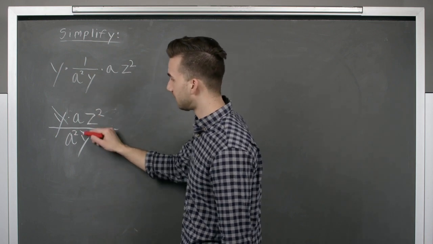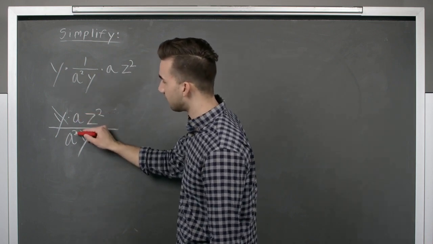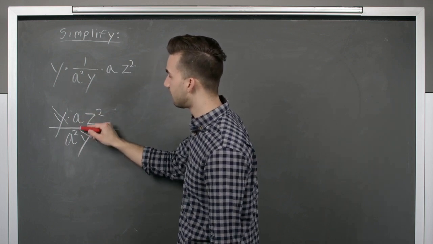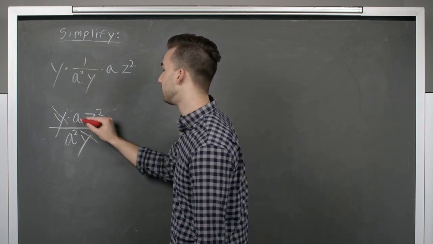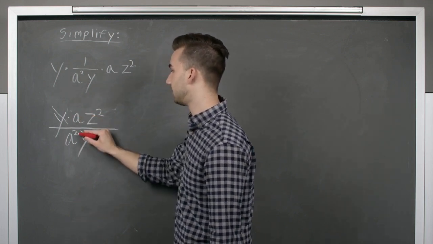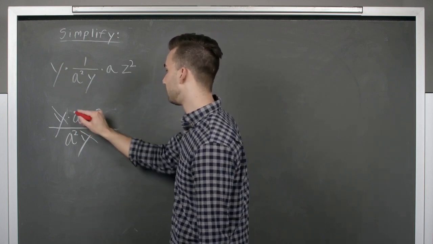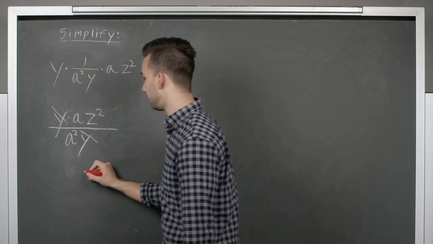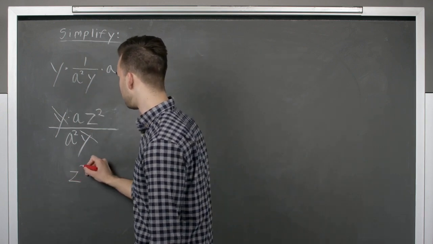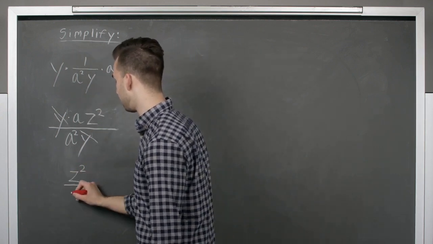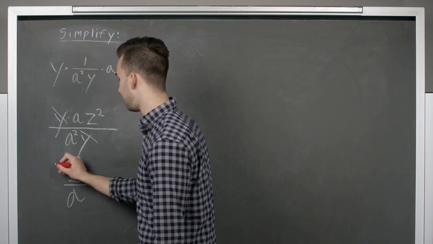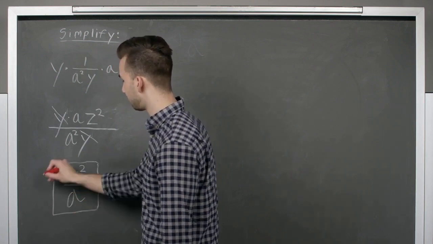So let's just subtract this a from this a for the variables. So that would give us a2 minus a1. It'd just give us a. So we can write this all as z squared over a. And that is our solution for this example.